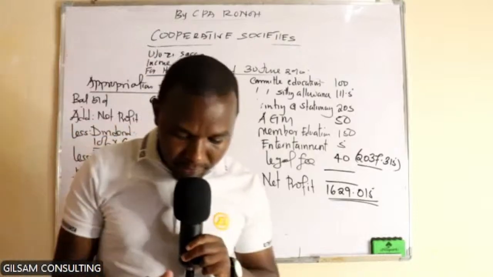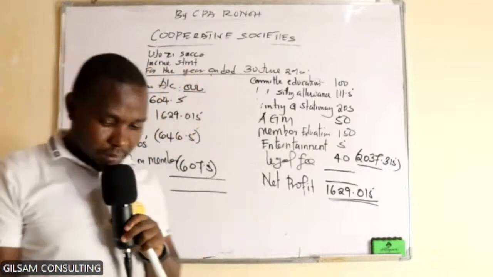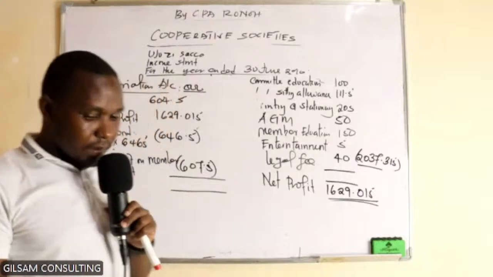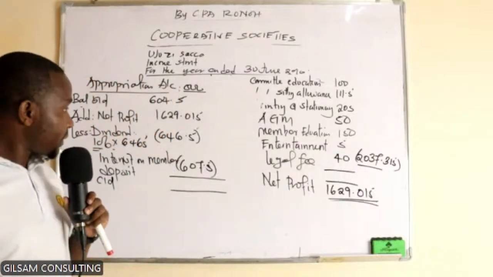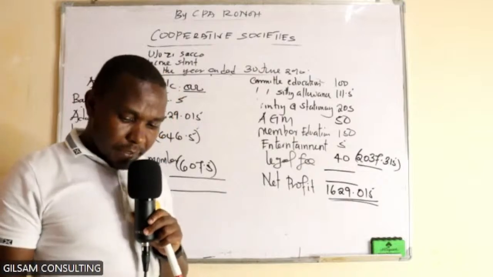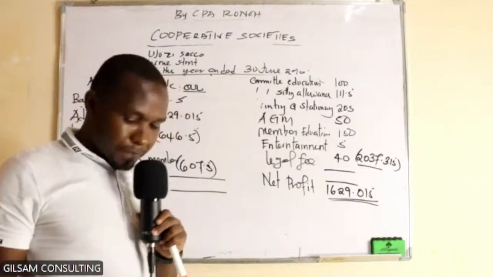So we take 604.5, we add 1629.015, minus 646.5, minus 607.5.